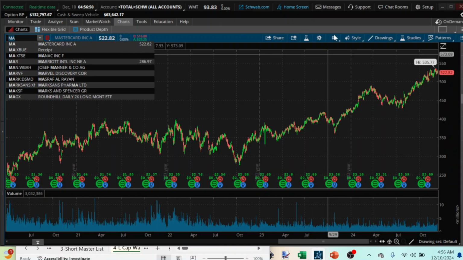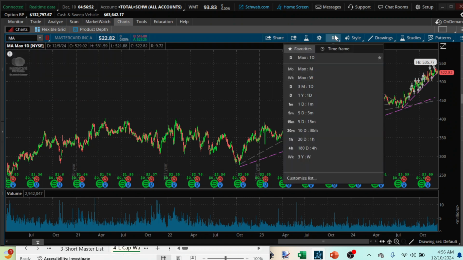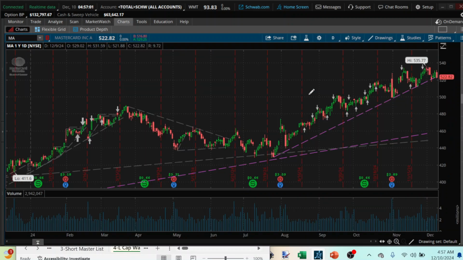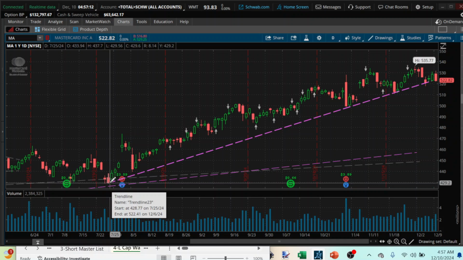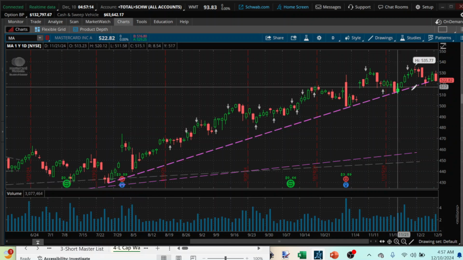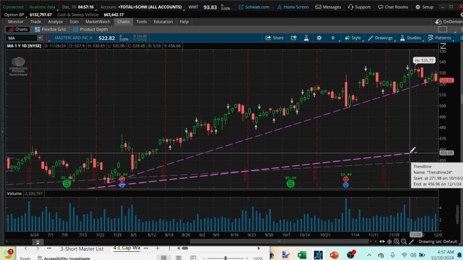MA, let's go to one. So this one, we have this long term and we have this seasonal 1 year. We have this area that we would like to buy, so we are pretty much buying it on a 6-month trend line when we have this longer trend line.